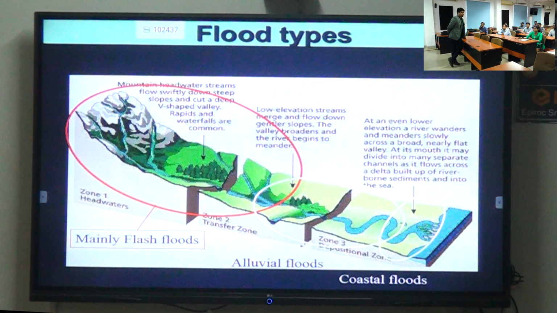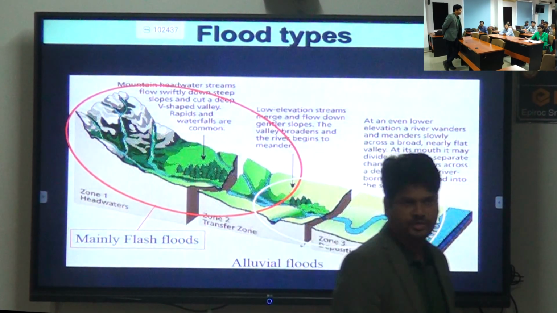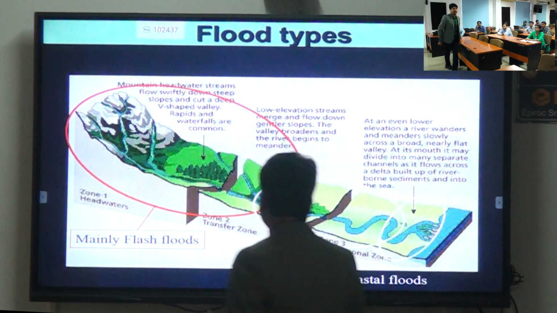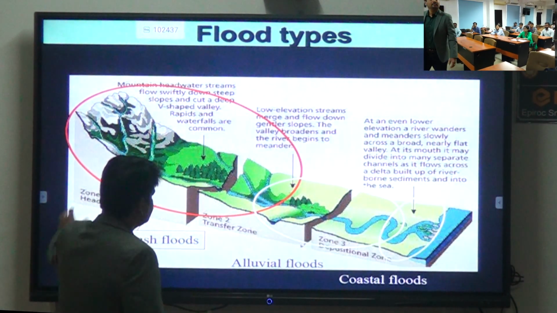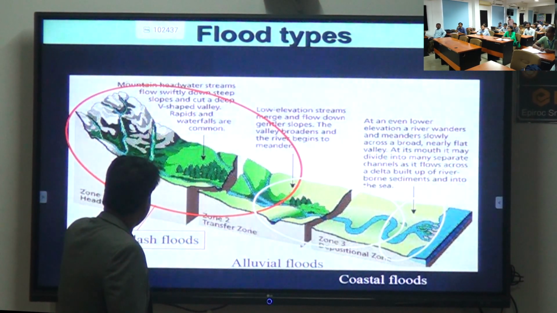Now let's look at the different types of flood. Many of you have done civil engineering and hydrology, so you know there are different zones classified by how water flows across the terrain. You have zone 1, which is the headwaters.